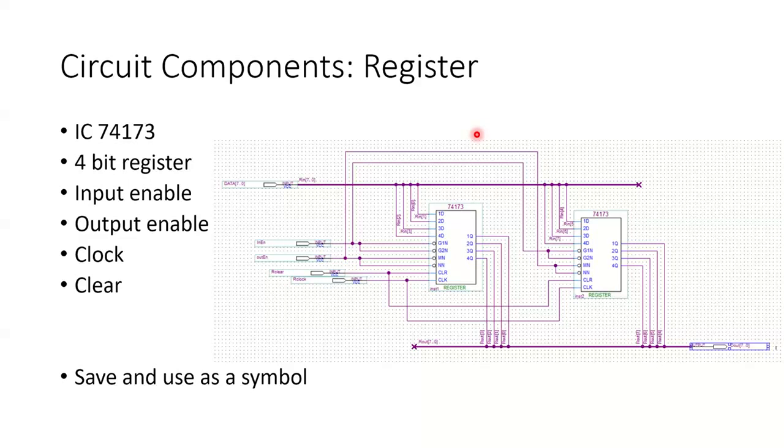So we are going to use a better component, which is IC 74173 in Quartus. It can be seen here. So this one IC is actually a 4-bit register.